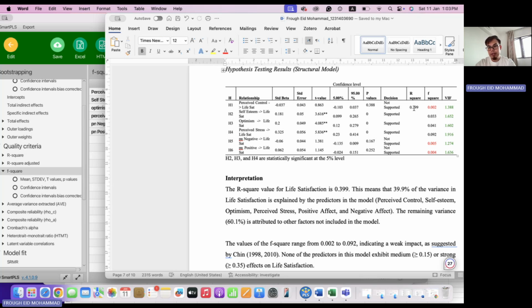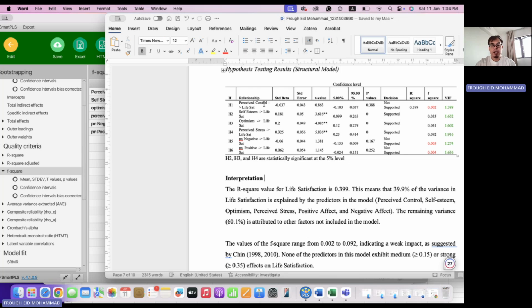The R square, the F square. For the R square, only one value is inserted here because there is one dependent variable, that is 0.399, and the F square values are here. So the variable that is rejected here is perceived control.